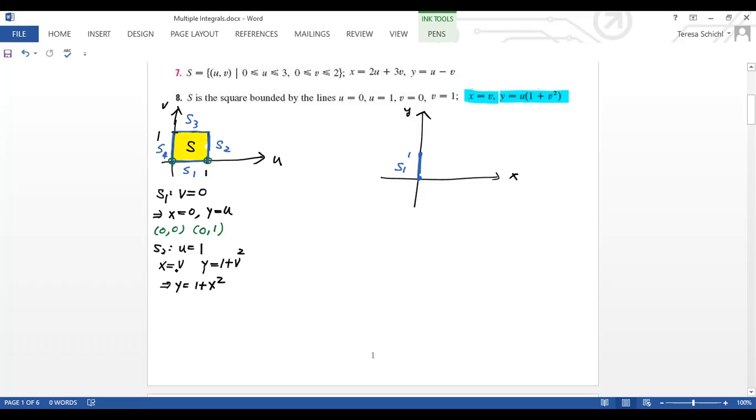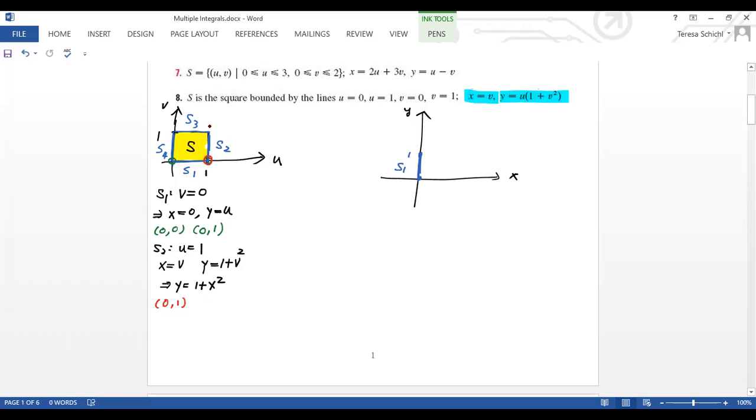Okay, so now because this is u equal to 1, so this is S2, right? So for this point, this is 1, 0, right? So this is u equal to 1, v equal to 0, right? So what is the point I have? I have 0 and 1, right?